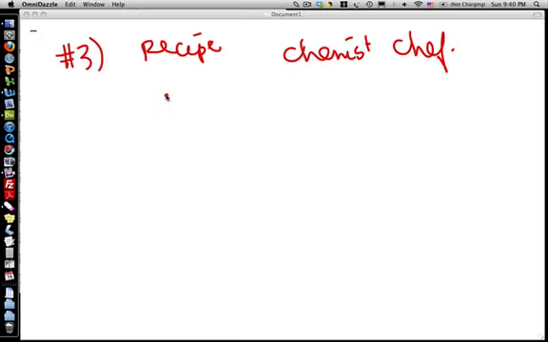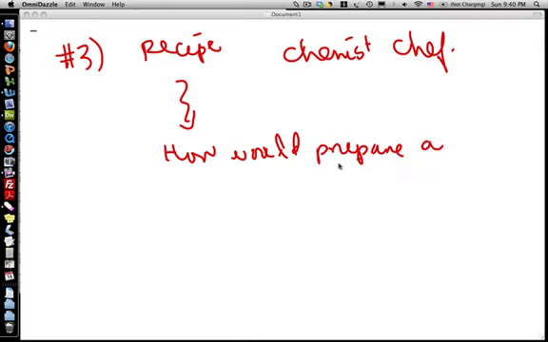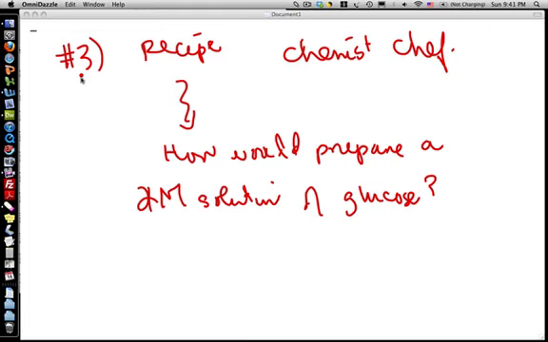So we're working in a kitchen, a lab, and we're asked to do a problem like how would you prepare, just like how would you prepare a Caesar salad, say a 2 molar solution of glucose? And so that's the third type of question, and it's a recipe question, and this is where these people decided they wanted to work with molarity.